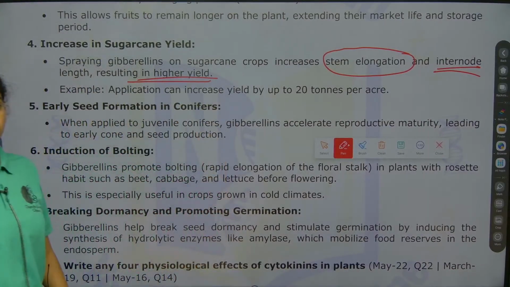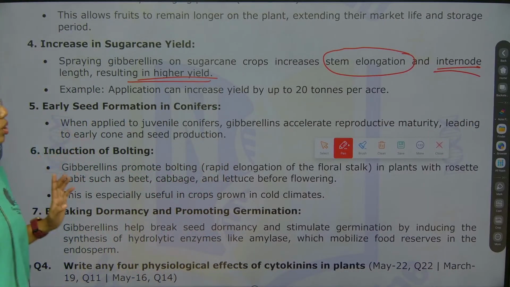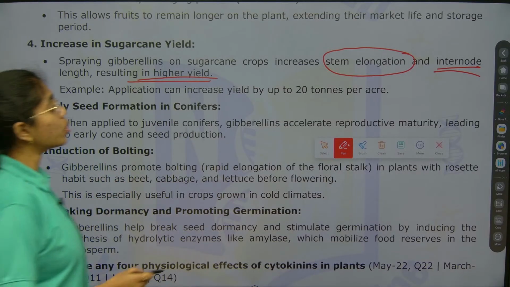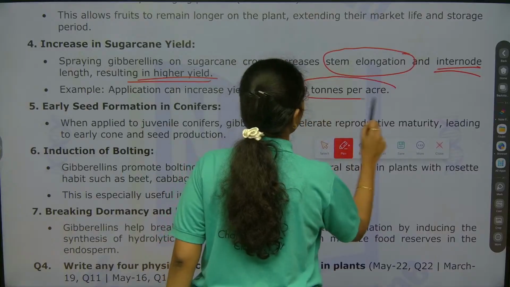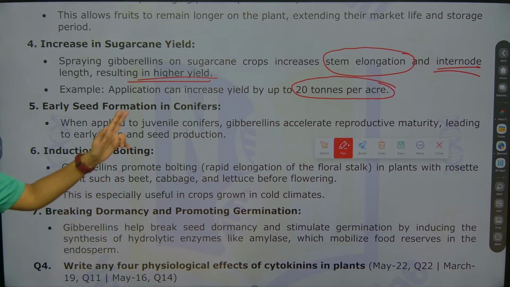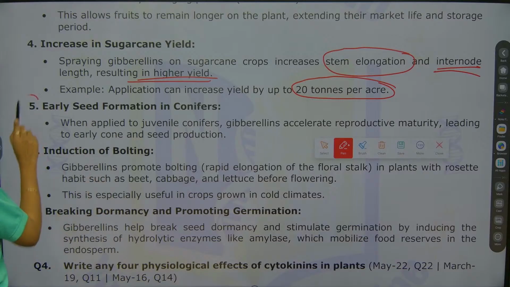Clear, right? Just by application of gibberellins, it will increase the yield up to 20 tons per acre.